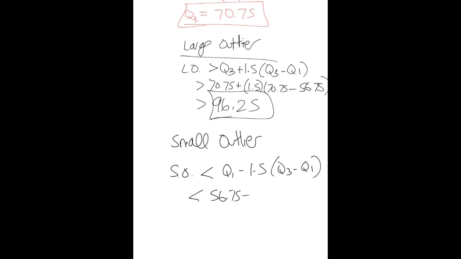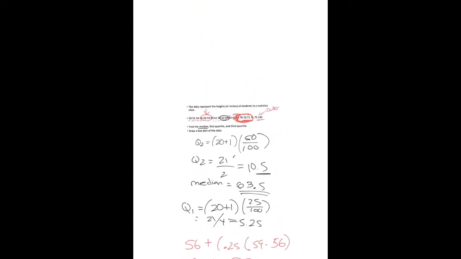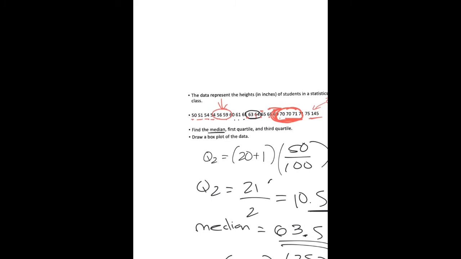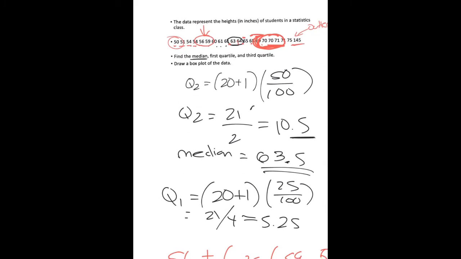In this case, we have 56.75 minus 1.5 times the interquartile range. A small outlier would be something less than 35.75. Going back to our data set above, we find our smallest observation is in fact 50, and therefore we do not have any small outliers.